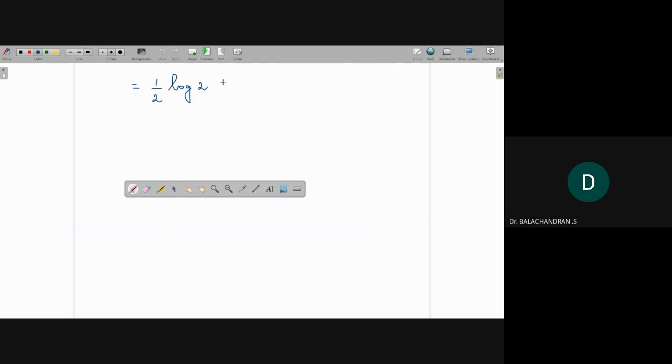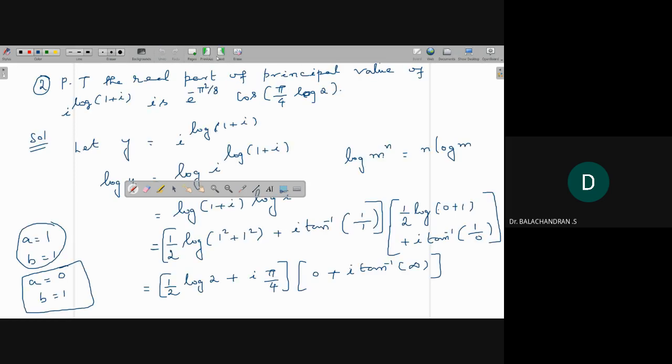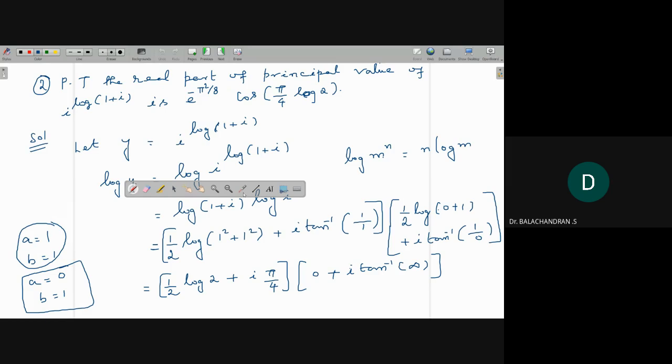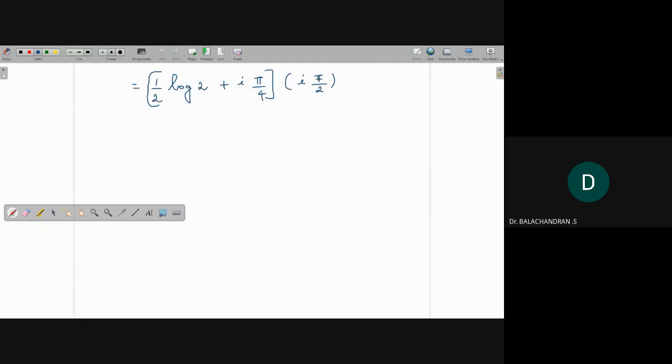Tan inverse of infinity is pi by 2. So i pi by 2. So from this you can easily know that the principal value of log i is i pi by 2.